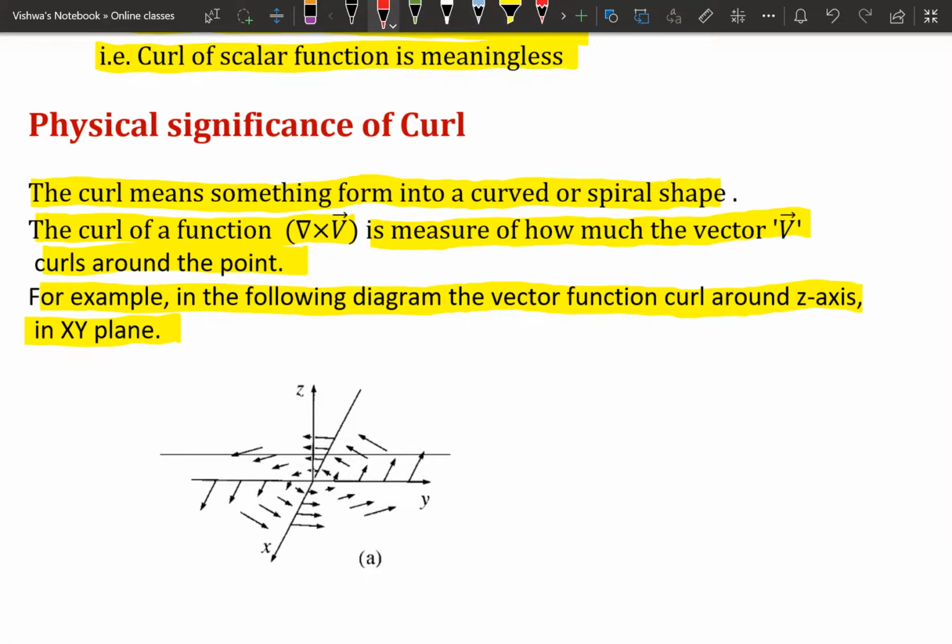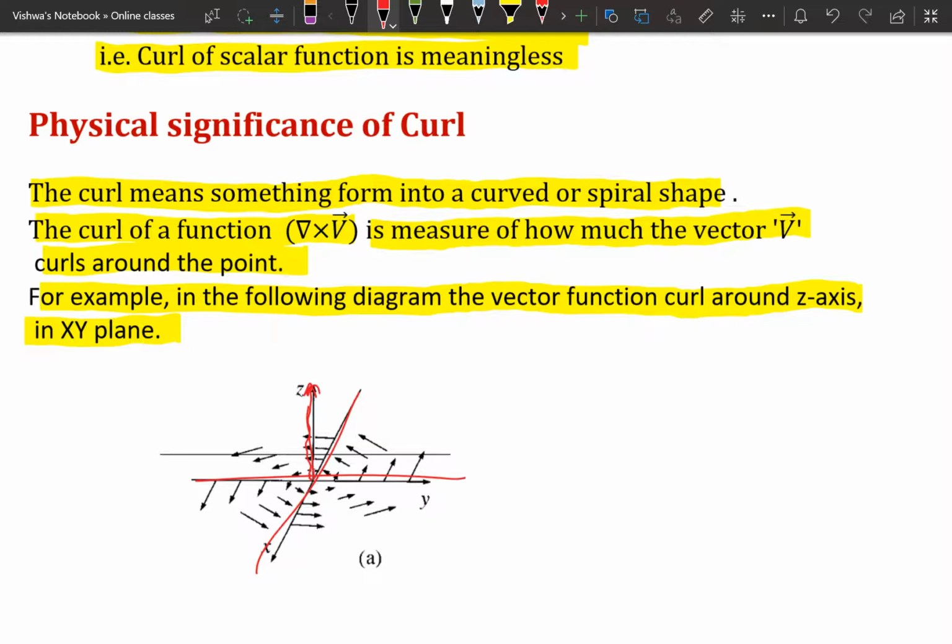Here this is xy plane. In xy plane, the vector field arrow marks represent the revolving around z-axis, that we call as curl around z-axis. Now the direction of this curl is along z-axis, but the vector field curls in the xy plane. How to find the direction? This is easy.